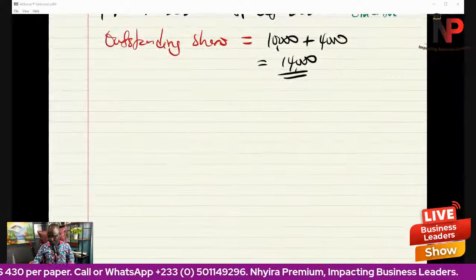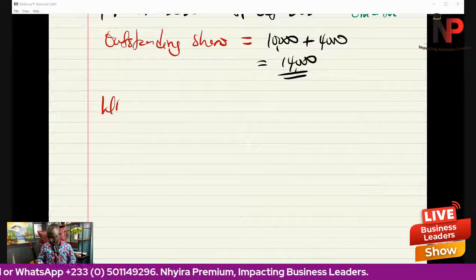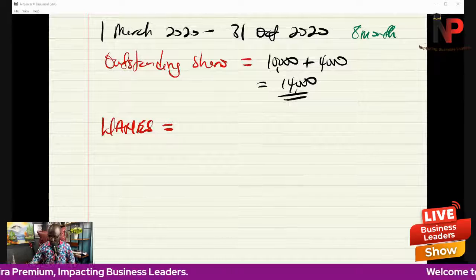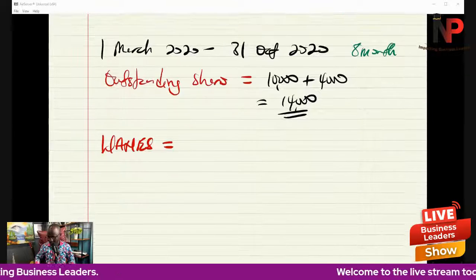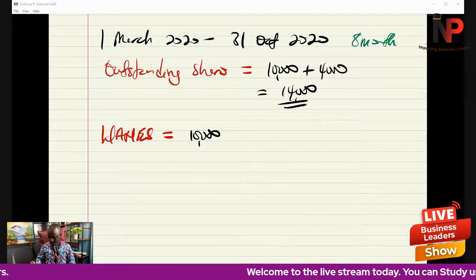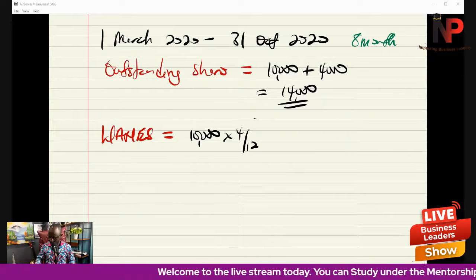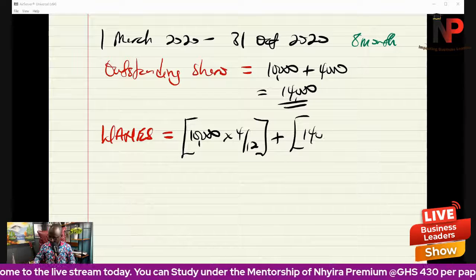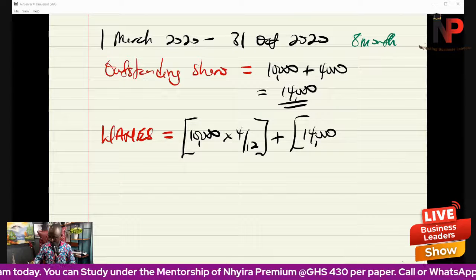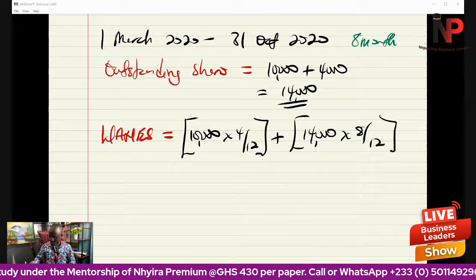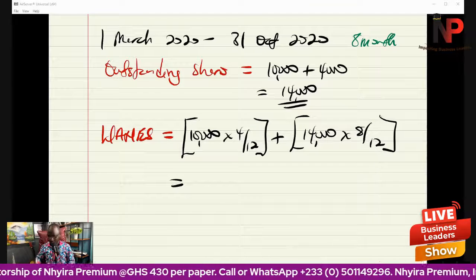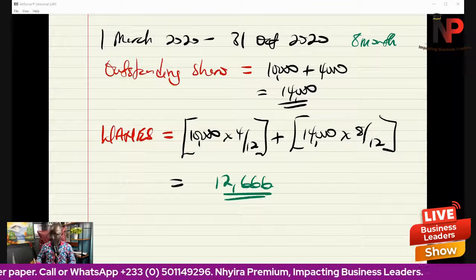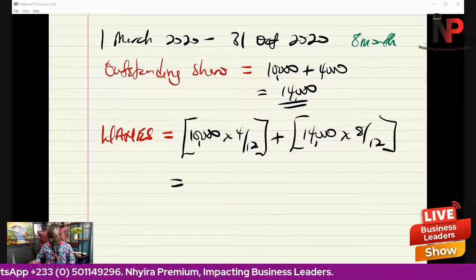So our weighted average number of equity shares, and I'm going to tell you a story in a moment, will be the first part, 10,000 times 4/12, plus the second scenario, 14,000 times 8/12. So we punch that out, and that should give us 12,666. That is our weighted average number of equity shares.